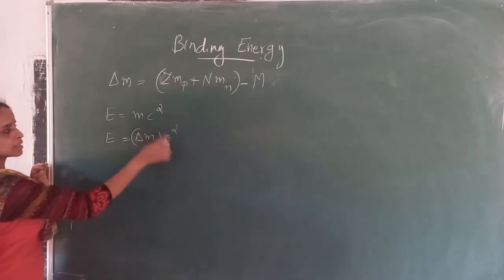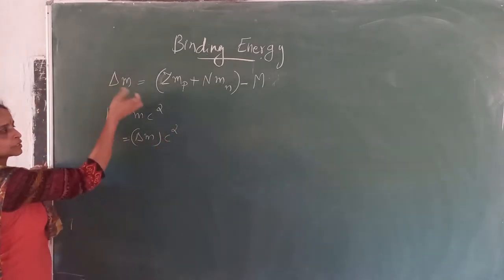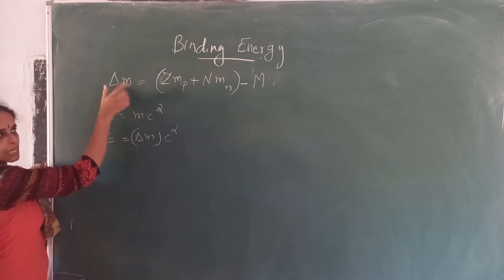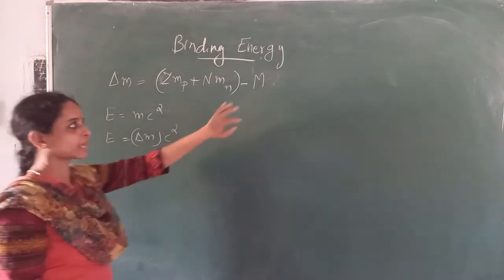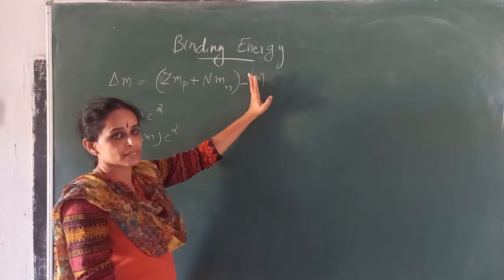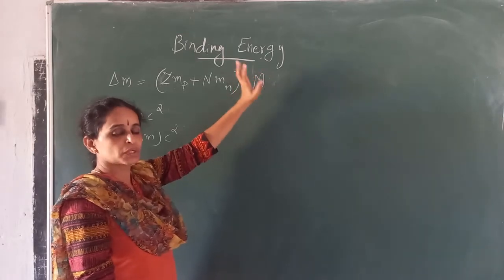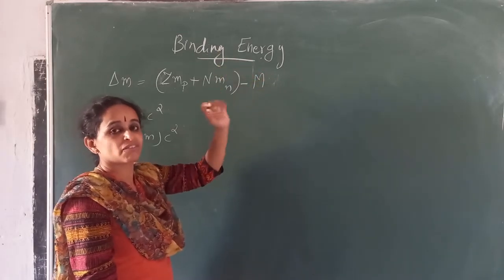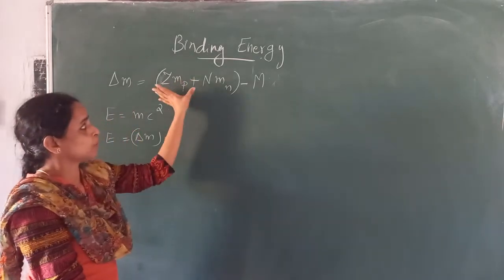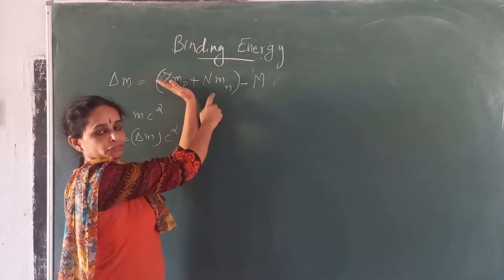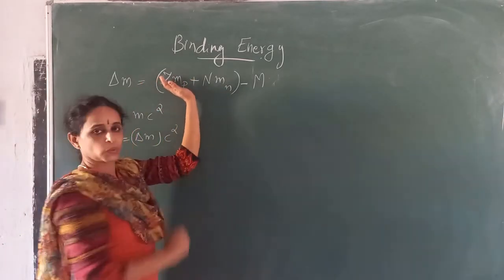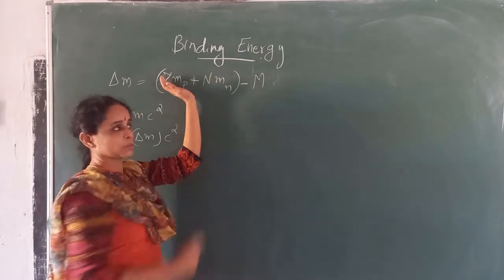This mass is not there in the case of the actual nucleus. If you measure the actual nuclear mass, it is somewhat less than the total mass of the nucleons, the neutrons plus protons.